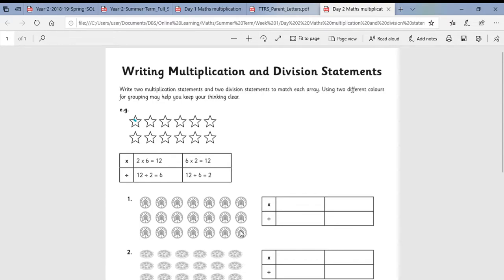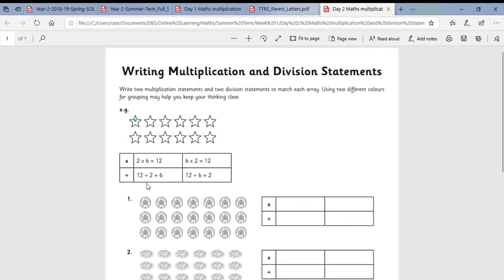So there are 7 columns, so there are 7 groups, and then I'm going to count how many in each group. 1, 2, 3. So that's another way of saying 7 times 3. We know with multiplication that we can switch the order of the numbers round. So I could also say 3 times 7.